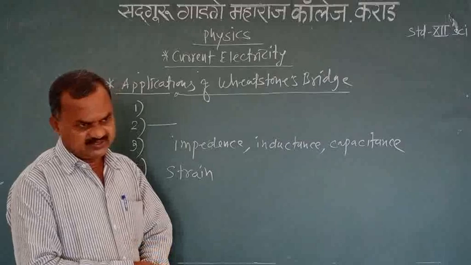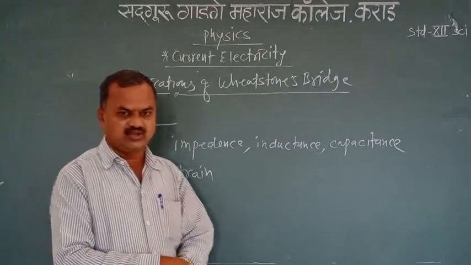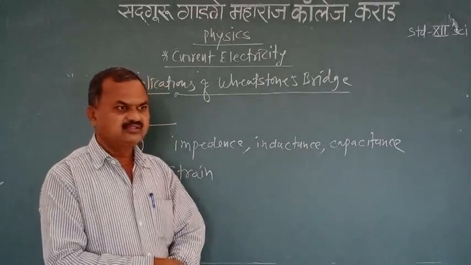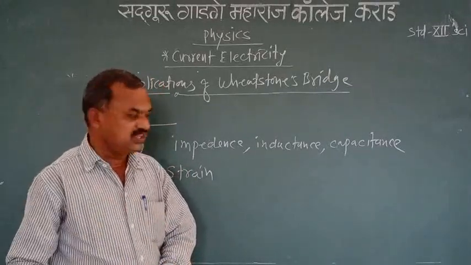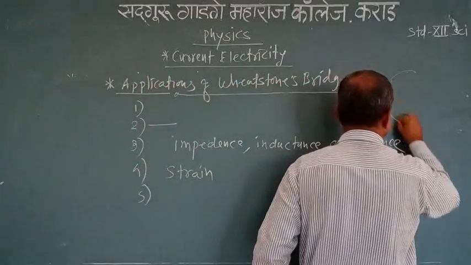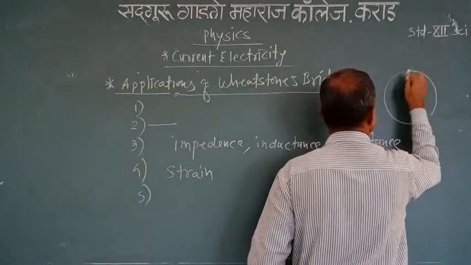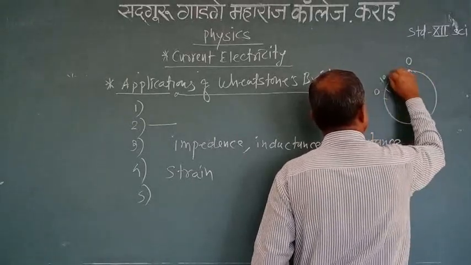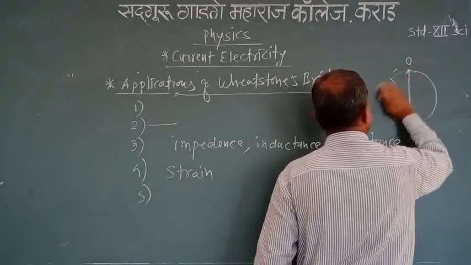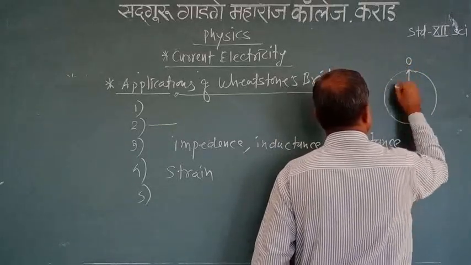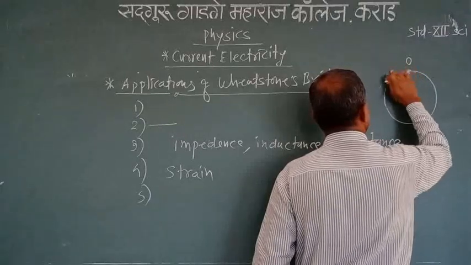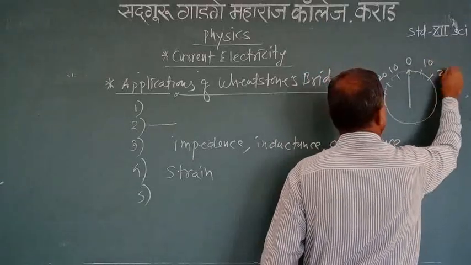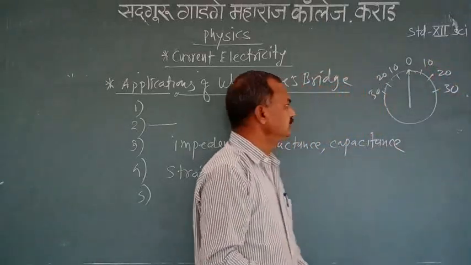After connecting all the circuit, do not touch the jockey at any point on the wire. Adjust the rheostat such that we will get suitable deflection in the galvanometer. Suppose this is the scale of the galvanometer, this is 0 point, with divisions 10, 20, 30 on both sides.